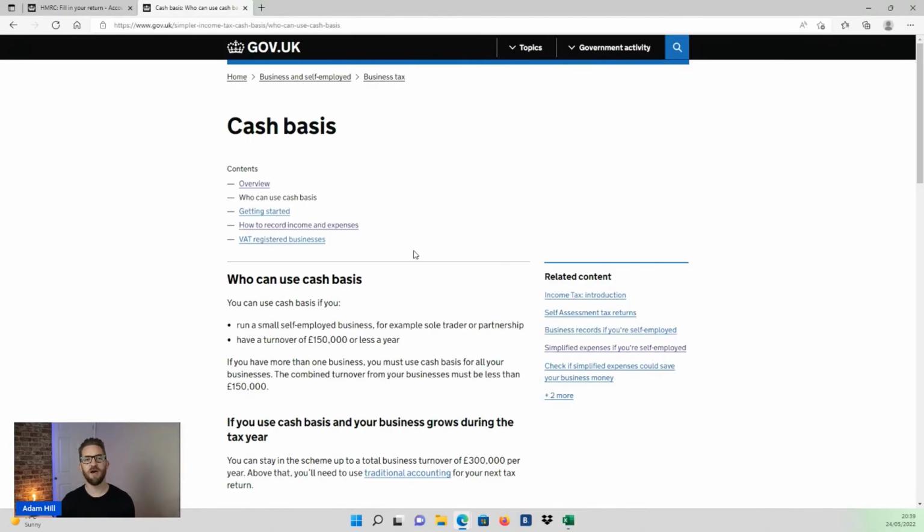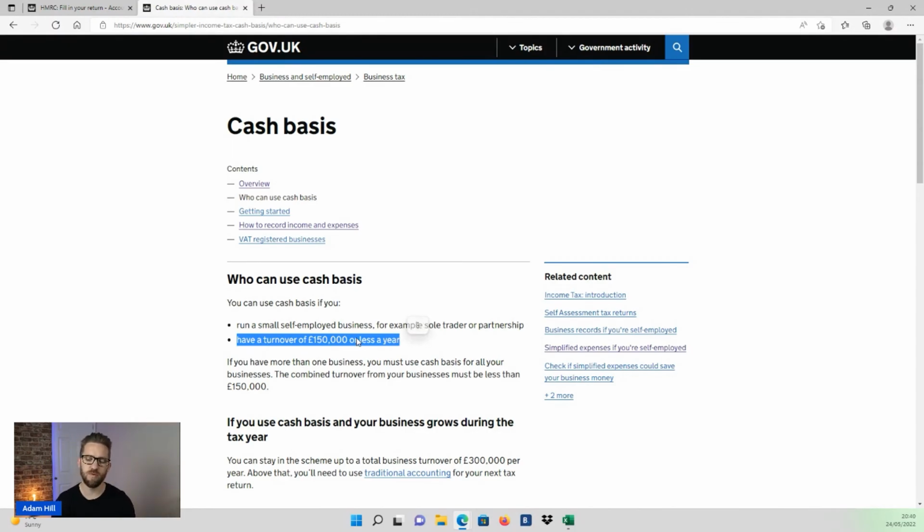Now, most of the time, this is going to be an absolute no-brainer for small sole traders because it's so much easier, and for anyone who wants to keep their reporting as simple as possible. But there are some restrictions on this, so it's not going to be suitable for everyone. And you'll find those on the gov.uk webpage if you search for cash basis. The main one is that you need to have a turnover of £150,000 or less in the tax year.